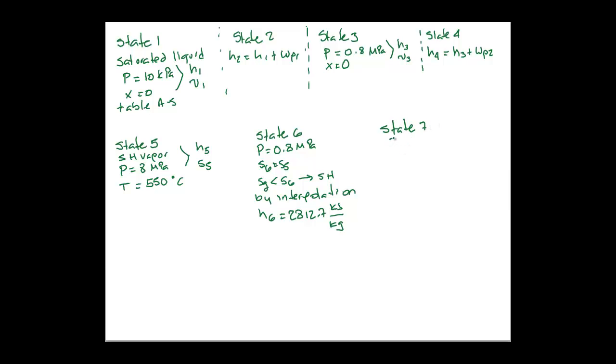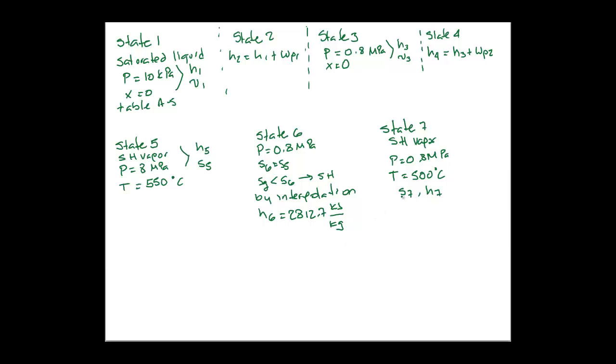State 7, again superheated. You have pressure of 0.8 megapascal and temperature is 500 degrees. So at table A6 you get S7 and H7.